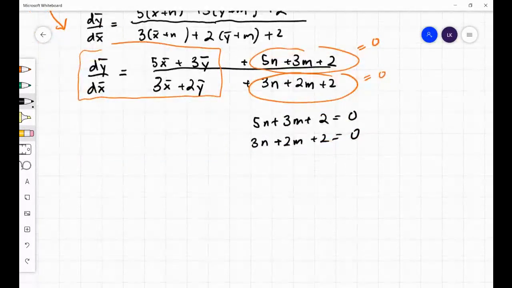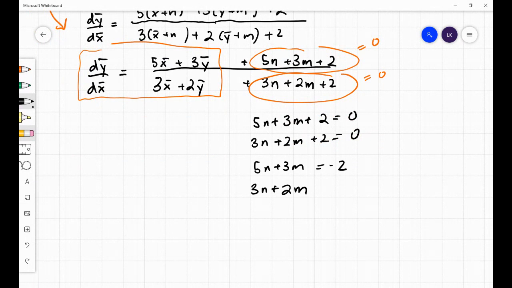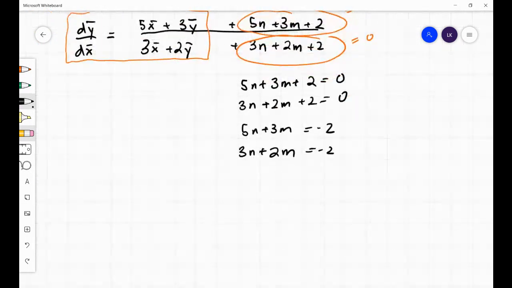Okay, so I think we'll just use basic linear algebra here, right? So I'm going to write this as a matrix equation.